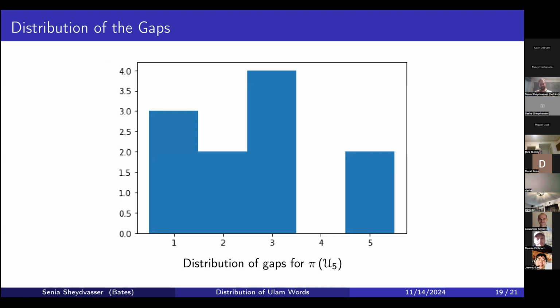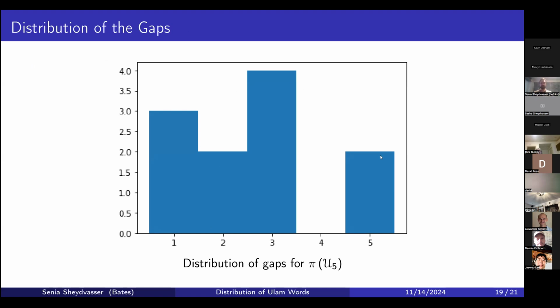So we'll start small. This is the distribution for words of length 5. How should you read this? Down on the bottom are the possible gaps. You can have a gap of 1 between words, a gap of 2, a gap of 3, a gap of 4, a gap of 5.